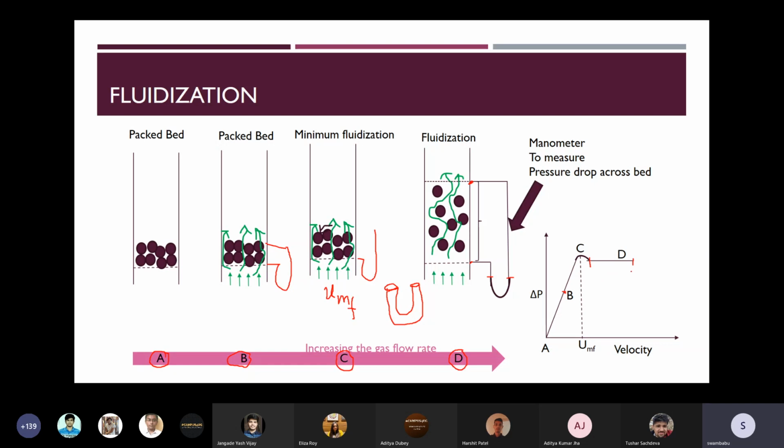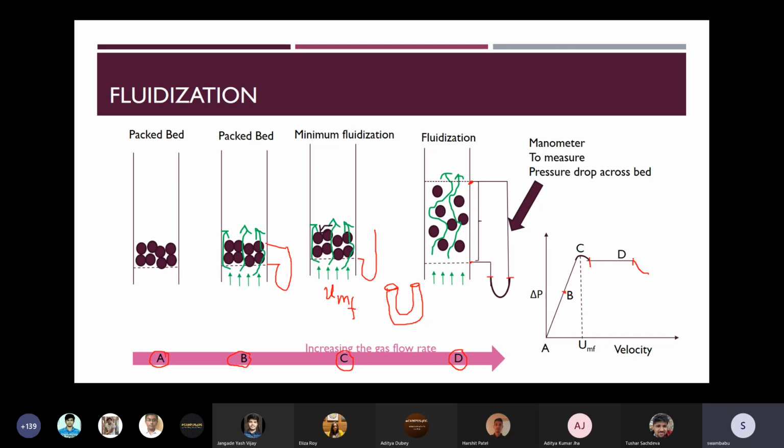Whatever velocity you increase further will be compensated by the fluid motion. Whatever velocity increase beyond the minimum fluidization, that additional energy is only utilized for the particles to move. But if I go beyond the fluidization to the pneumatic transport, that will change, and the pressure drop will decrease further.